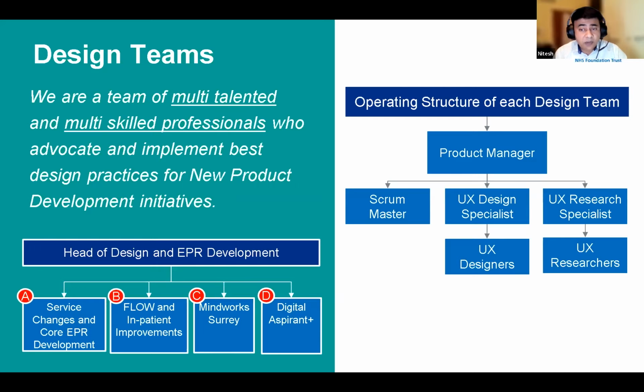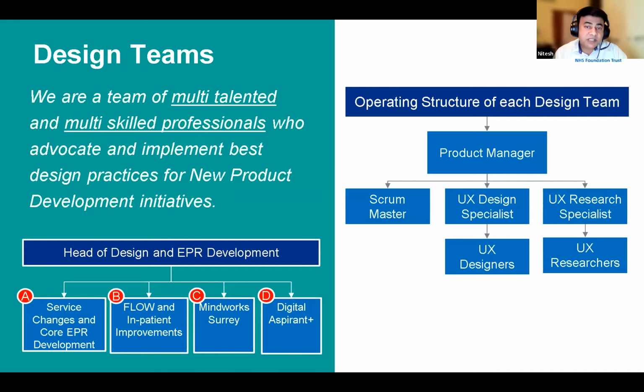Then we have a Scrum Master who supports the product manager. They act as a servant leader, and they wear several hats. The main idea is for the Scrum Master to protect the development team's time from outside influences so that the team can concentrate on the work at hand.